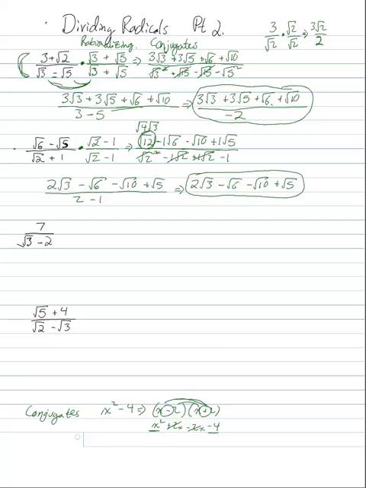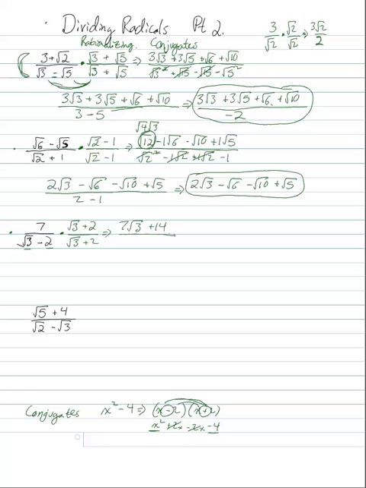Okay, next one. Say I have 7 over square root of 3 minus 2. Again, it's a binomial in the denominator. When I see a binomial, I'm just going to multiply top and bottom by the conjugate, meaning change the middle sign. Okay, in the numerator, I'm going to get 7 square root of 3 plus 14.